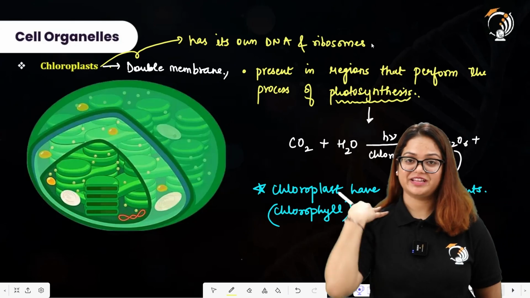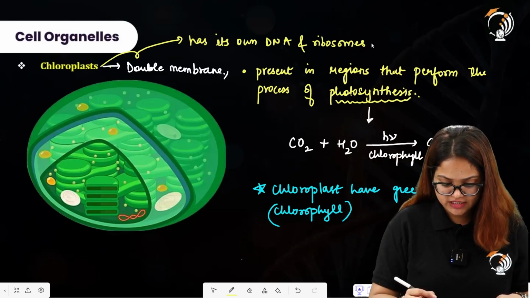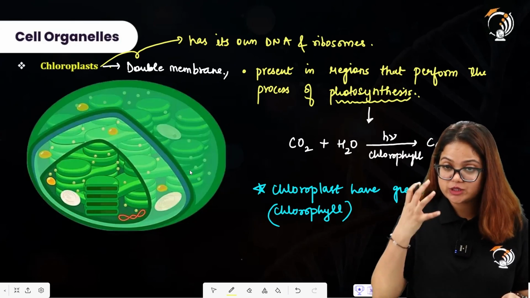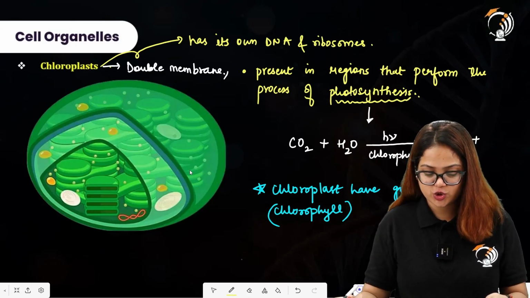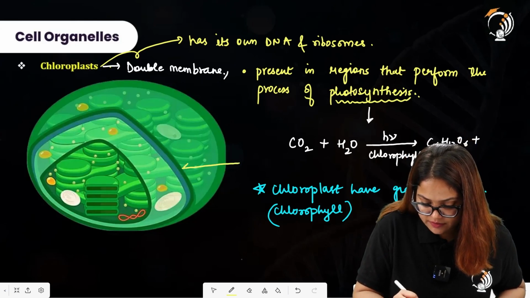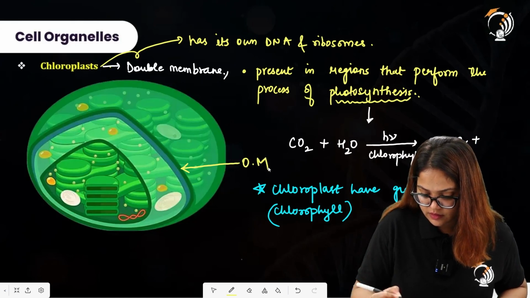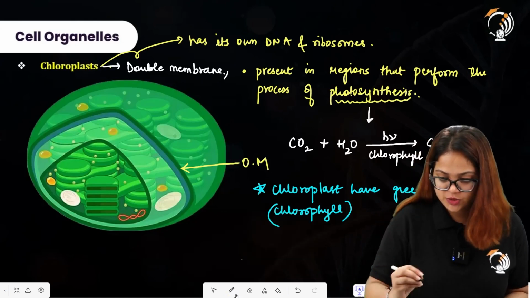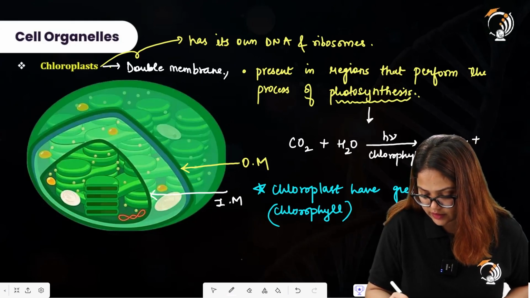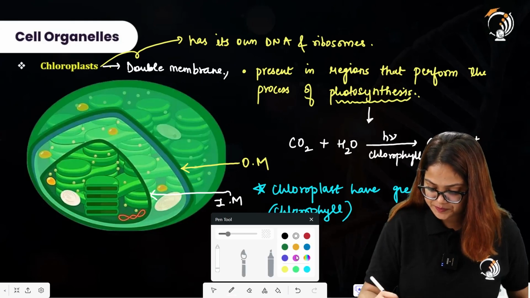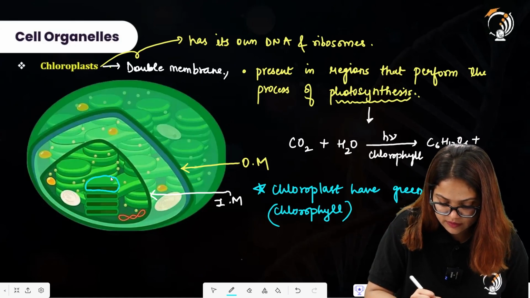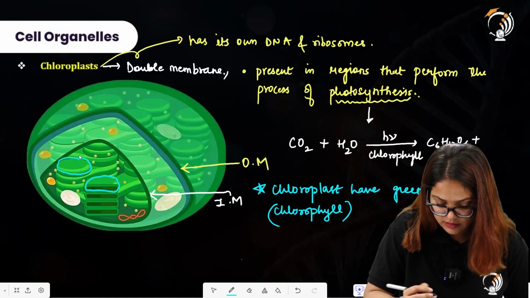So here we have the diagrammatic representation of chloroplast. This is the outer membrane here that has been cut to make you visualize what is present inside this chloroplast structure. Inner to this is the inner membrane. Then we have this structure, a thylakoid.